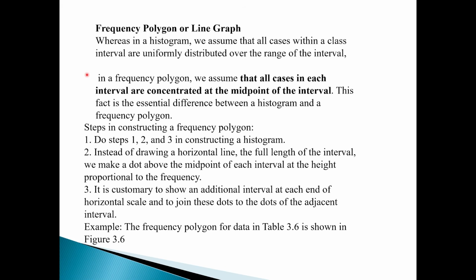However, the difference with the histogram is that in a polygon, we assume that all cases in each interval are concentrated at the midpoint. So in the histogram, you assume that all the frequency is distributed uniformly in the class boundaries or class interval. However, here in the polygon, we assume that the frequency is concentrated on the midpoint. Okay, so that's the only difference between them.